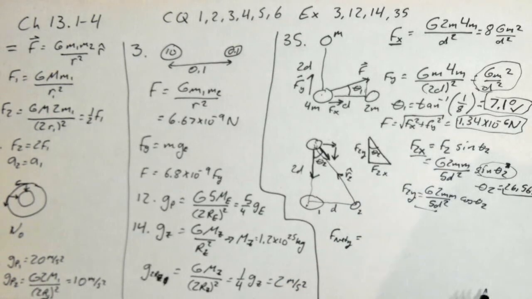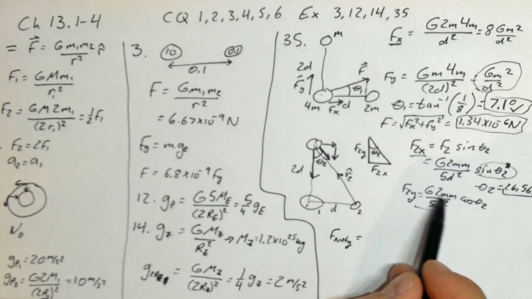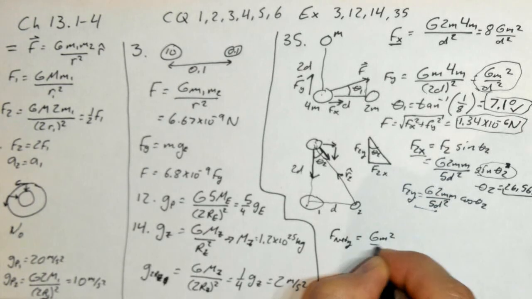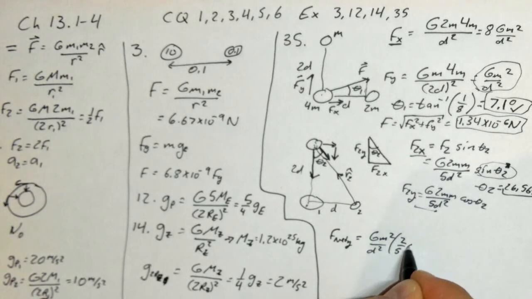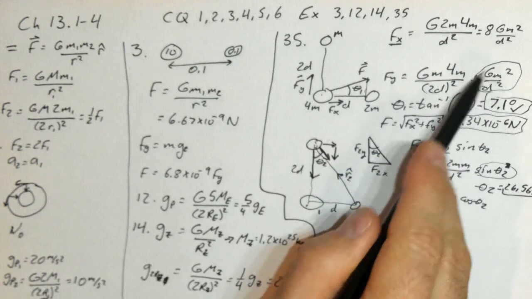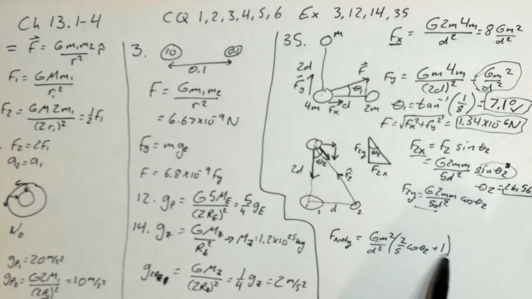They're both downward, so I'm going to pull out a G m squared over d squared, and I get a 2 over 5 cosine of theta 2. That's taking this one plus this one, which is just 1. There's just all these numbers times 1 right there. And that's my net force in the y. I had to add the y's together.